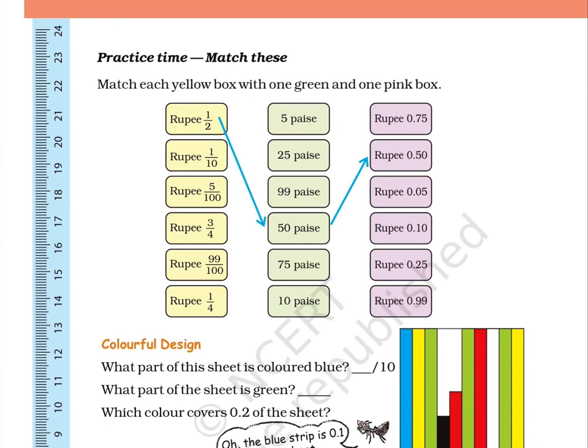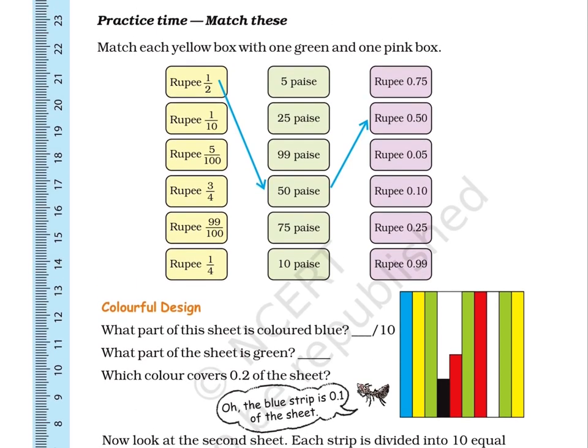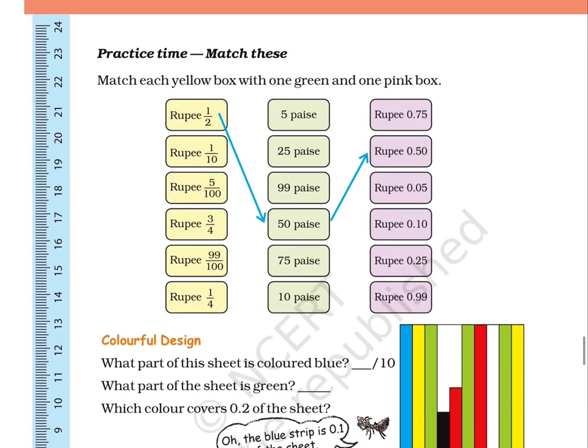Different amounts of money is written on all the different boxes. You have to think and match. One example has been already done for you. Half a rupee is the same as 50 paise, which is the same as rupee 0.50.